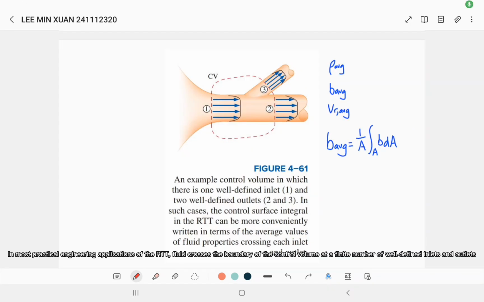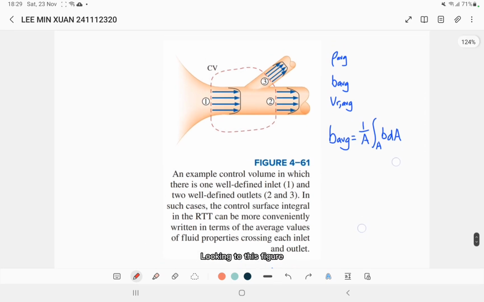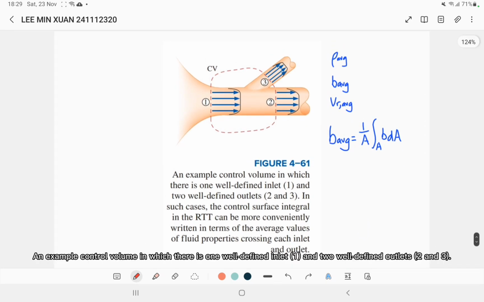In most practical engineering applications of the RTT, fluid crosses the boundary of the control volume at a finite number of well-defined inlets and outlets. Looking at this figure, an example control volume in which there is one well-defined inlet and also two well-defined outlets.